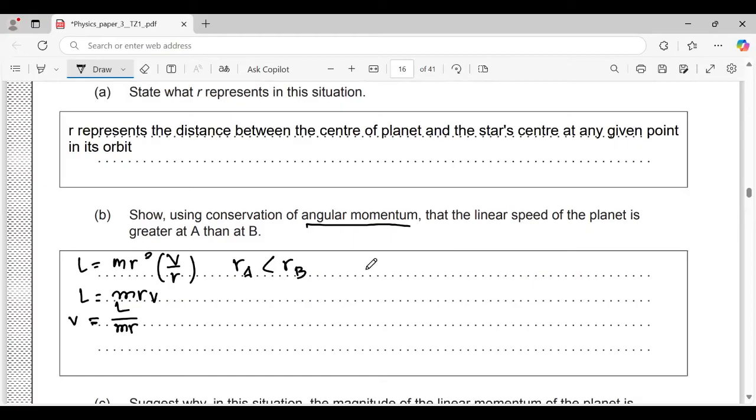So the implication is that v_A, the linear velocity at point A, is greater than the linear velocity at point B. Based on this formula, right?